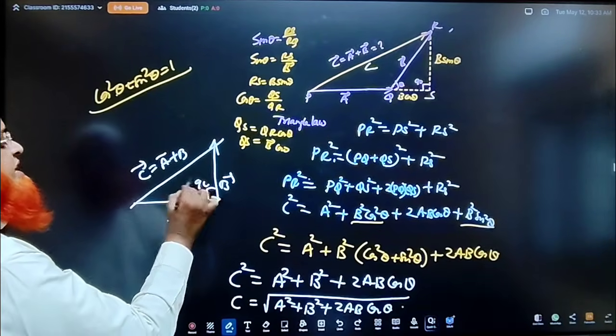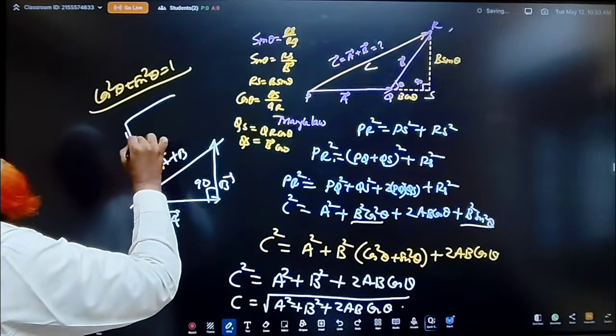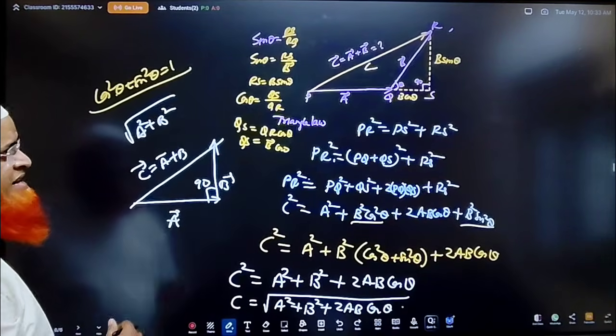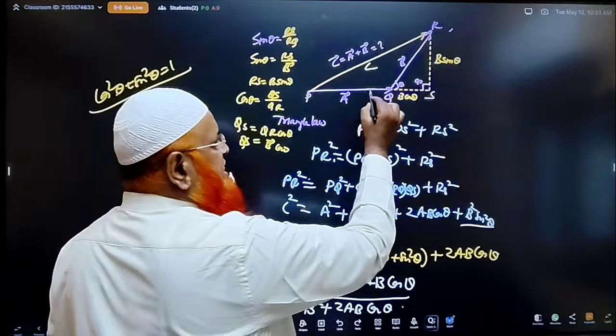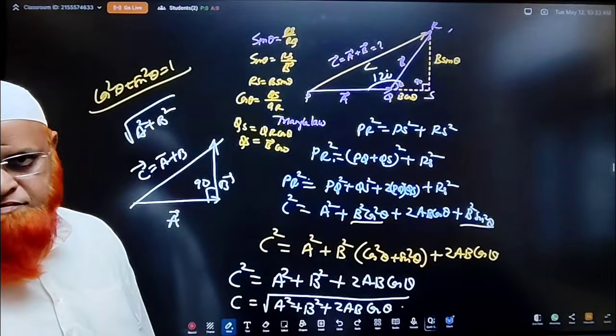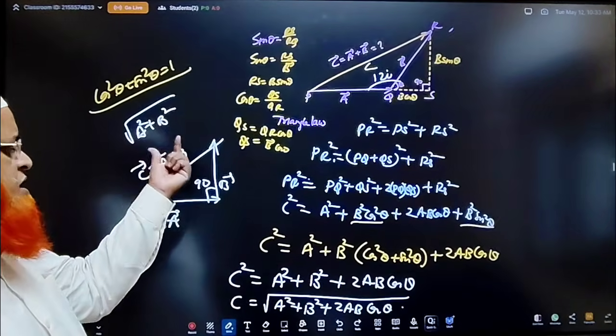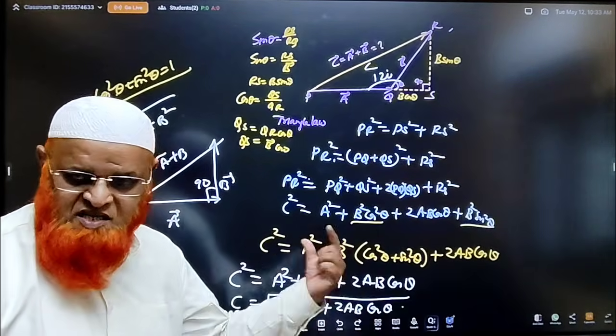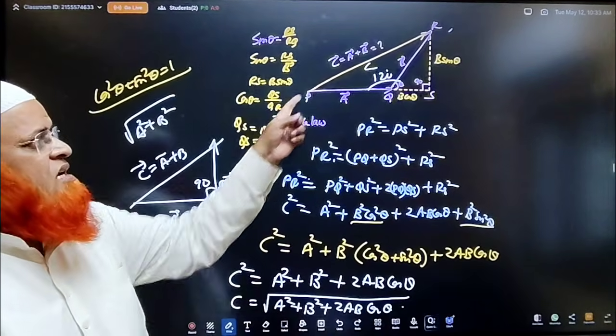If it is 90 degrees, this is going to be just the square root of a square plus b square. If it is not 90, for example, here it is 120 degrees, we can't apply the Pythagoras theorem. You are not going to stop up to here. You have to add the extra 2ab cos theta. If you add it, then you will get the resultant here.